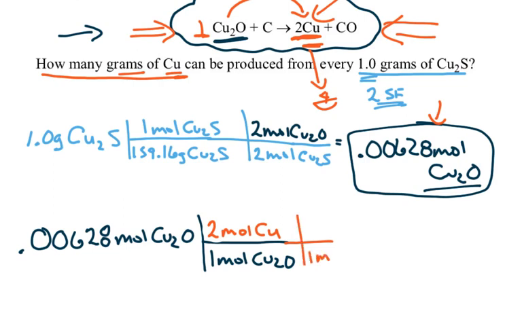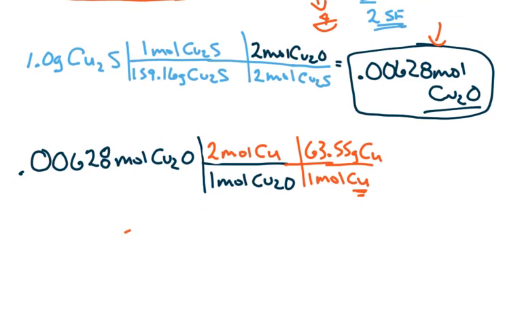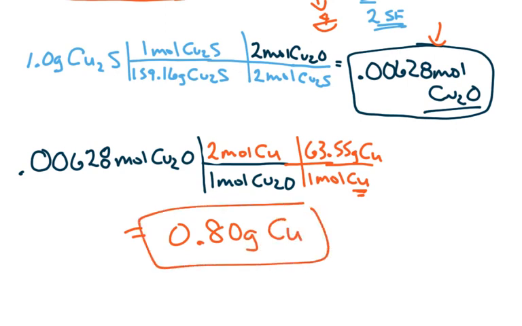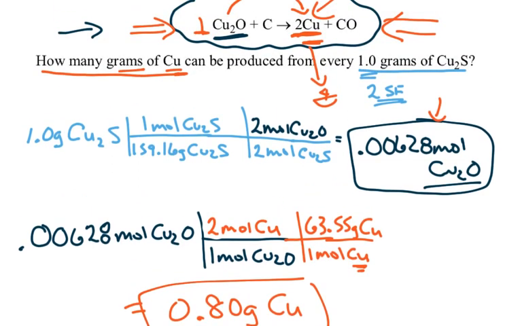And now for every 1 mole of copper, that's the molecular weight I'm going to use, there's 63.55 grams of copper. So that equals 0.80 grams of copper. 2 sig figs, so we have 2 significant digits.